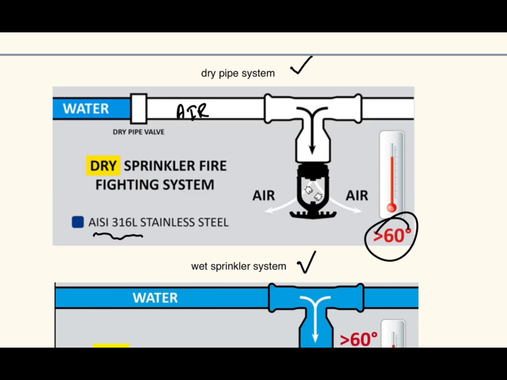This particular system might have a slight delay because air escapes first, right? These are the key points which we need to remember for the CISSP exam, right?